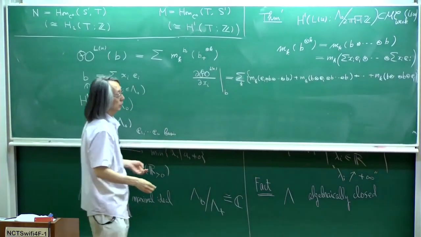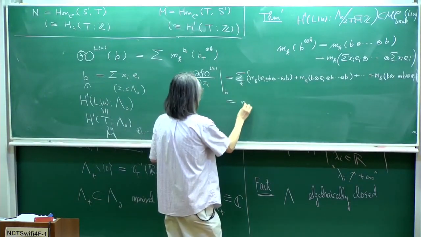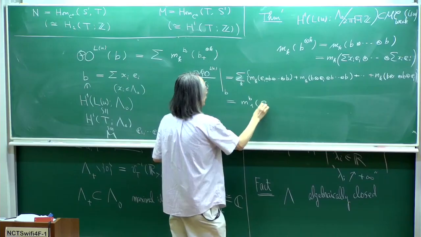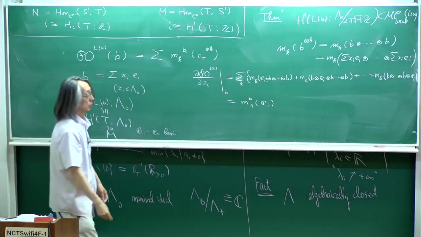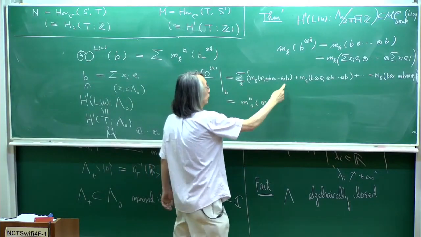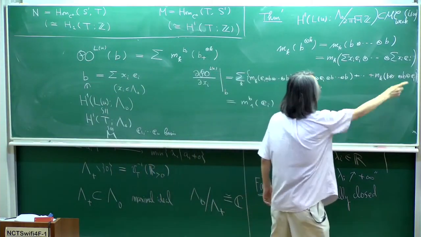And this is exactly the definition of M1^b of e_i. So here I have e_i, b, b, and b, e_i, b, b, and this, right?